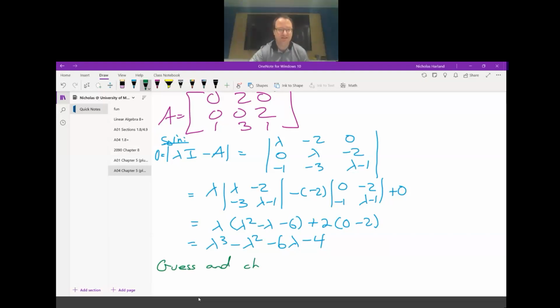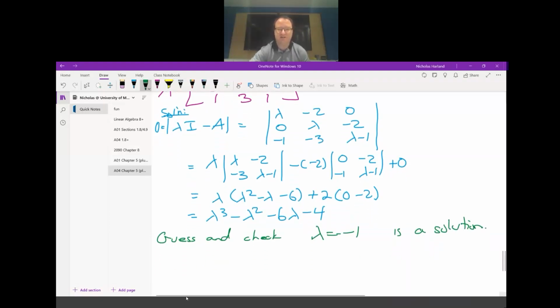Which is not the greatest thing to have on a test. But guess and check, we can get lambda equals something as a solution. Yeah, lambda equals -1 is a solution. In other words, this thing is going to factor to give us lambda plus 1 times something else.